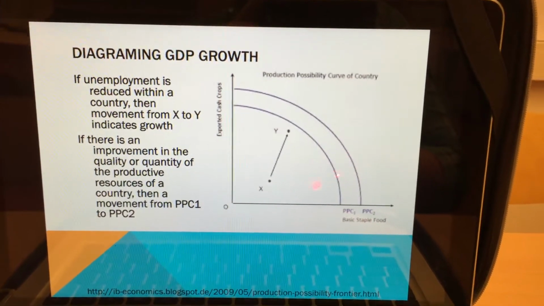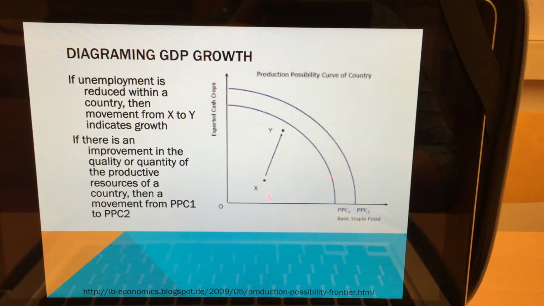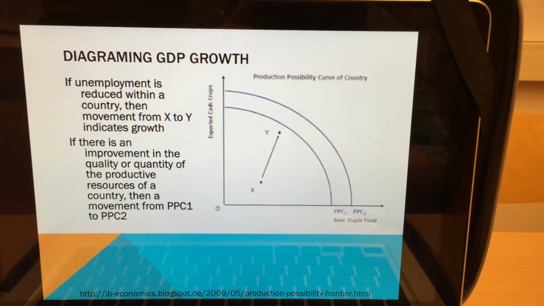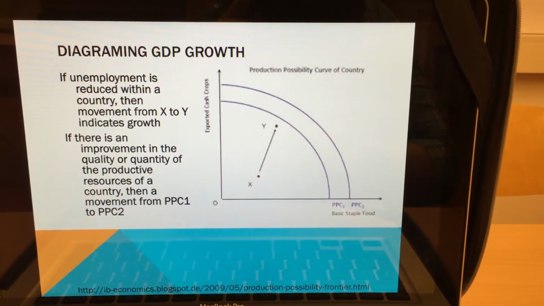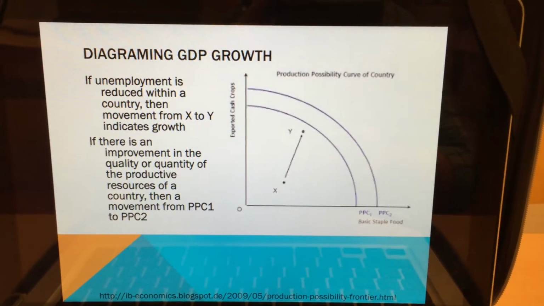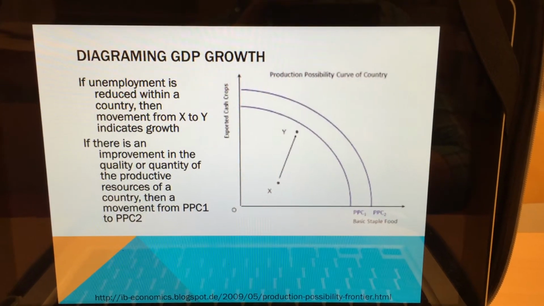If we go from X to Y, we're definitely producing more cash crops, and we're producing more basic staple food as well. So the amount of goods and services produced has increased. Thus, we have economic growth, or an increase in output, or real GDP. So that's one method to show it.